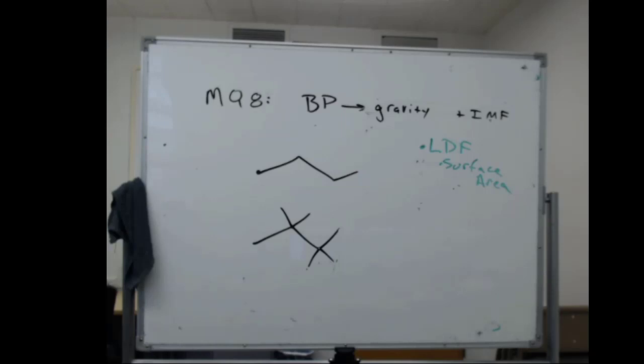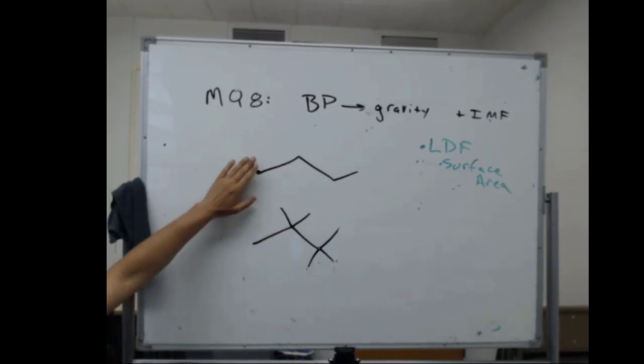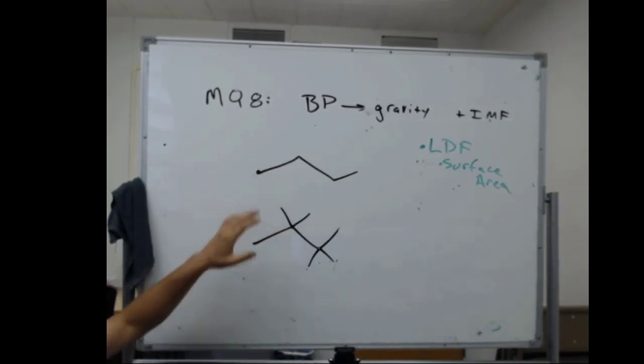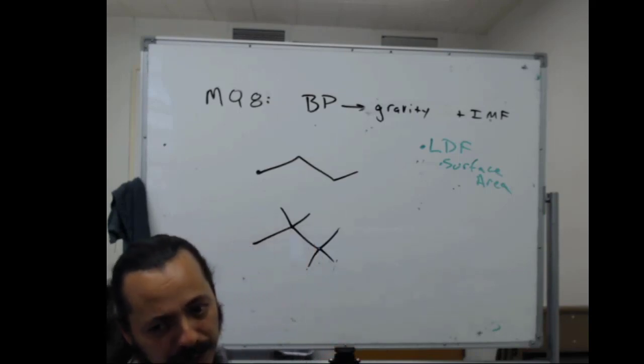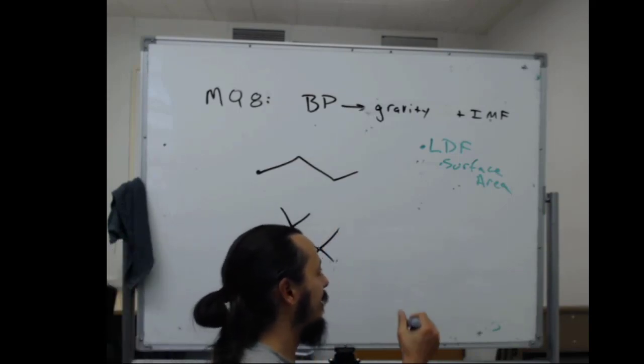In most cases, particularly in chemistry, the effect of gravity is going to be secondary to the intermolecular forces. But of course, you can have situations where the masses are really different and the IMFs are very similar, and then gravity is going to matter more. Right? So we essentially have situations that are easy to predict and situations that are difficult to predict.